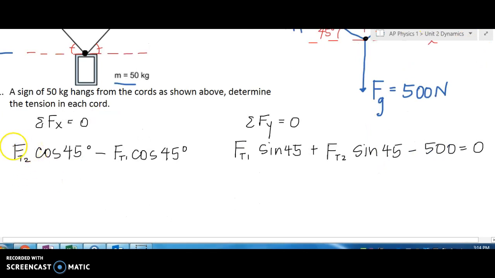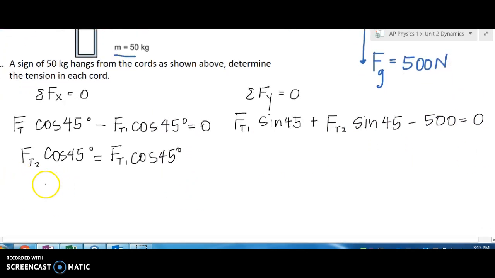We made the claim that the two tensions would be equal. Well, look at this. FT2 cosine 45 is equal to FT1 cosine 45. Well, if I divide by cos 45 on both sides, what do I get? Yeah, that FT2 is equal to FT1, which doesn't get me an answer, but it allows me to make a substitution.